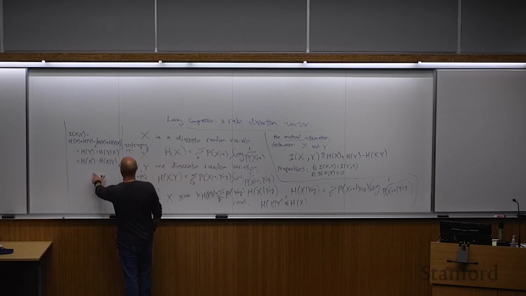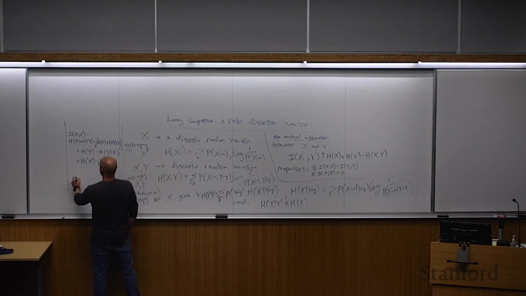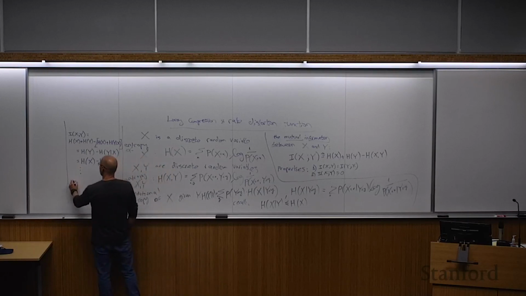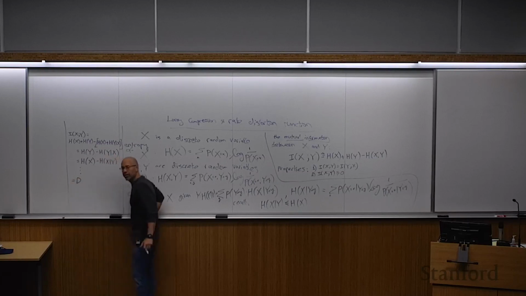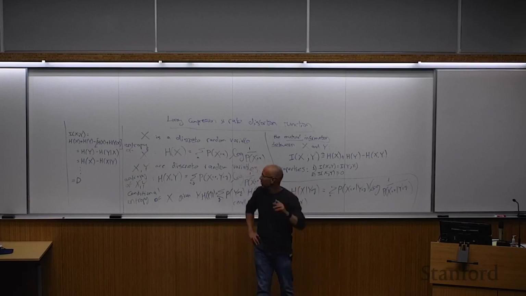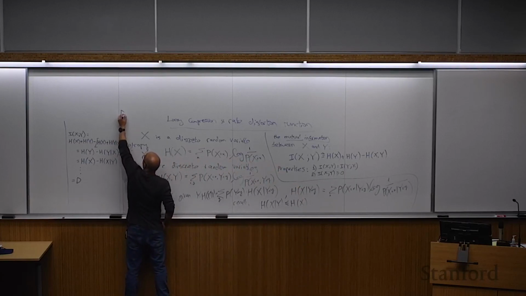There's another representation of mutual information, which personally I love most. After a few additional steps, you can get to a representation of mutual information as relative entropy. Remember relative entropy? Everyone remember relative entropy between two probability mass functions?